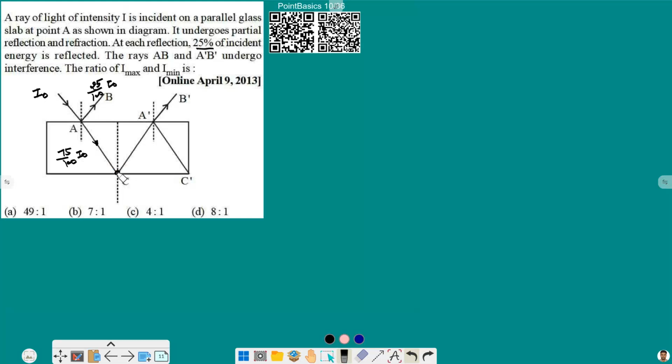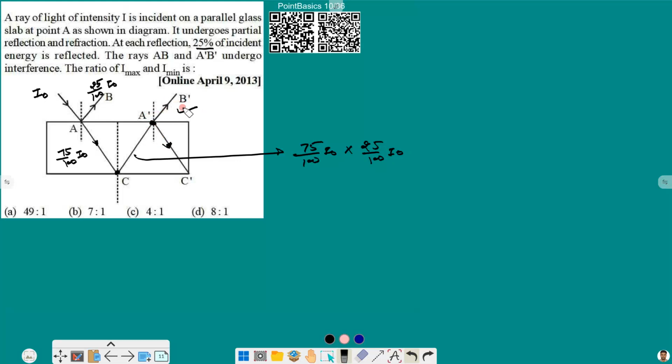Now again at point C we have reflection, so here we will get 75 by 100 of I node as the incident, and the reflected wave will be 25% of that. So this will be 25 further. Now at point A' again we have transmission and reflection. This is the reflected wave and this is the transmitted wave.